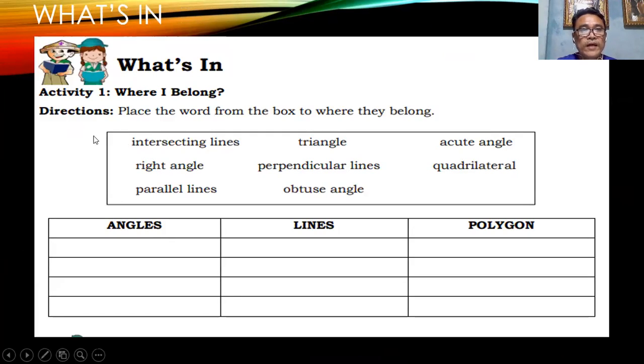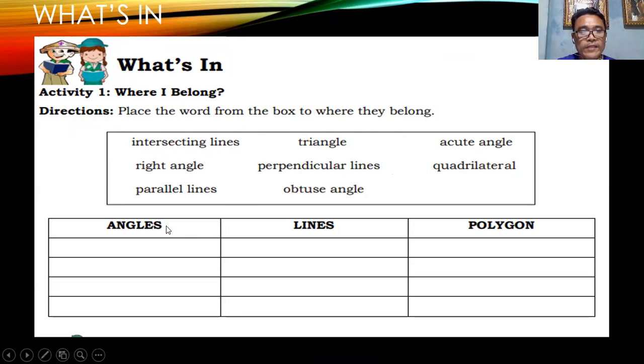Let's do activity 1. The title of this is Where I Belong. What you will do is place the words from the box to where they belong. So there are words here inside the box and put them in this column.